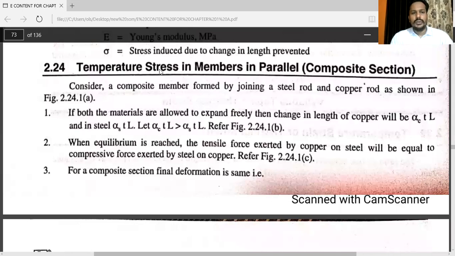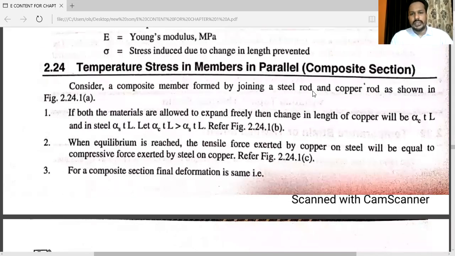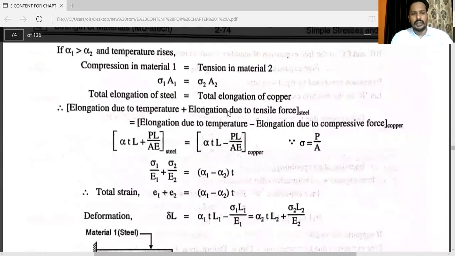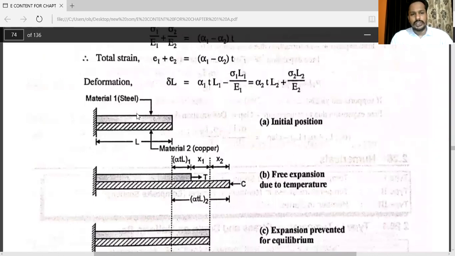See, a composite member is formed by joining a steel rod and a copper rod as shown in the figure. Here, I already showed you, this is steel and this one is copper.